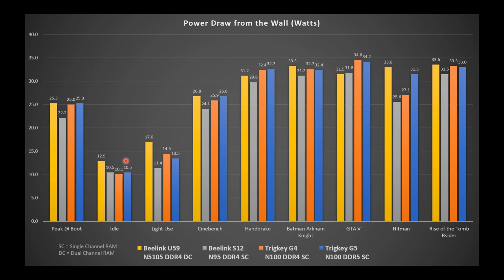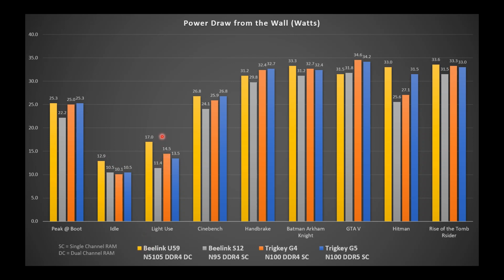Now throughout all this I did do some power draw metrics as a power draw from the wall, from peak at boot, idle, light use, Cinebench, handbrake, and a handful of gaming benchmarks. And you can see here at boot it drew about 25 watts. While sitting idle, the Beelink drew about 13 watts, whereas the N95 and N100 CPUs drew about 10 watts on average.